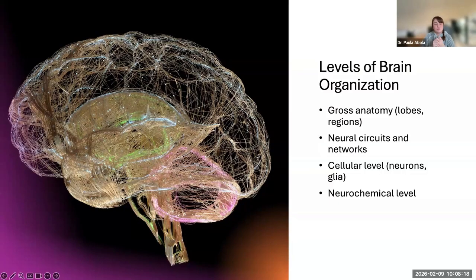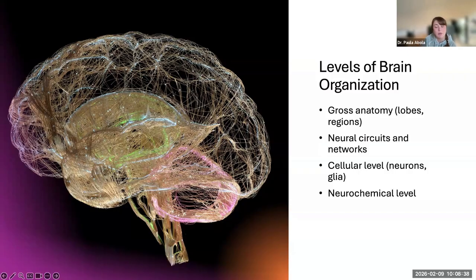All of this moves me into talking about levels of brain organization. The brain can be understood at multiple levels of organization, and each level offers a different kind of explanation for how behavior and cognition arise.